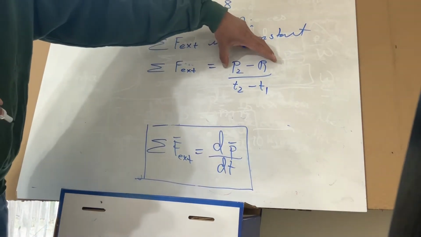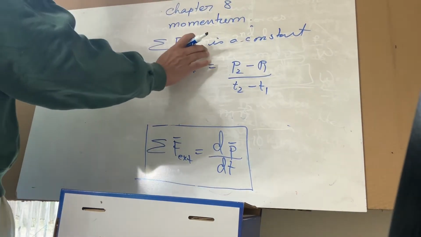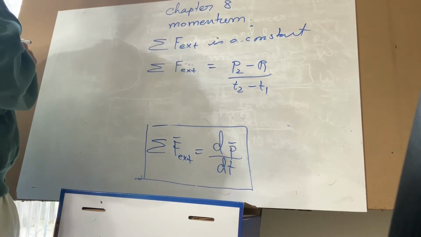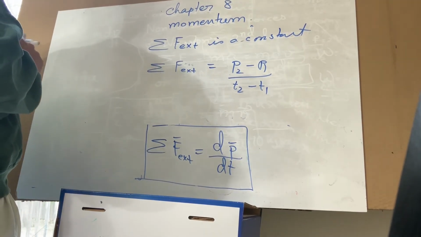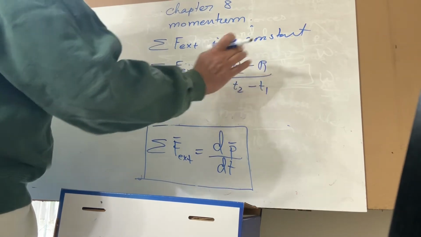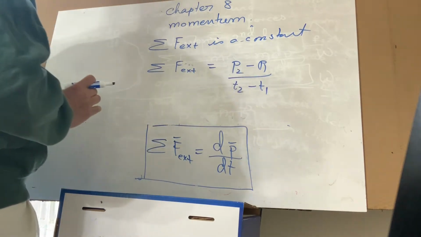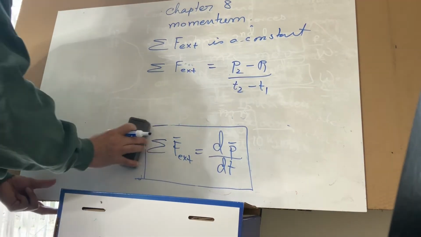Change in momentum over change in time. The momentum does not change, so I can just take the final momentum minus the initial momentum divided by T2 minus T1. The quantity is a constant.